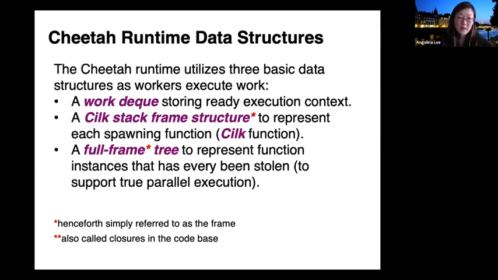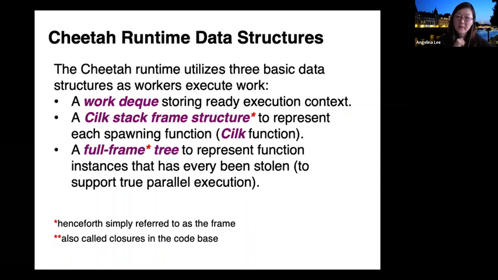And finally, in the runtime, we also have what we call a full frame tree to represent the function instances that have been stolen. So notice in previously when I showed you how the execution of Fib(4) played out, right? The actual parallelism is realized by successful steal. Or put it differently, a function can only have an outstanding spawned subroutine executing on a different worker if that function instance has ever been stolen.